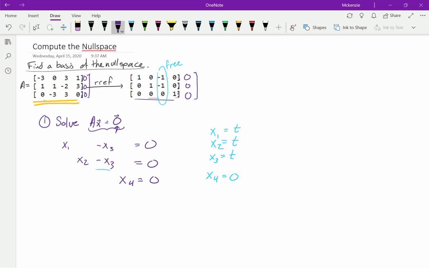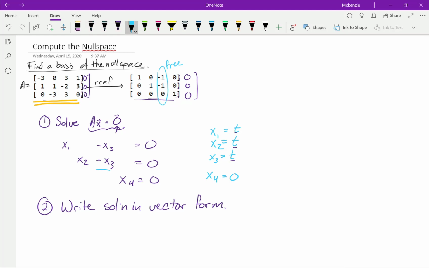Once we solve that, we want to write our solution in vector form. The way we do that is we isolate each of the parameters. In this case there's only one.